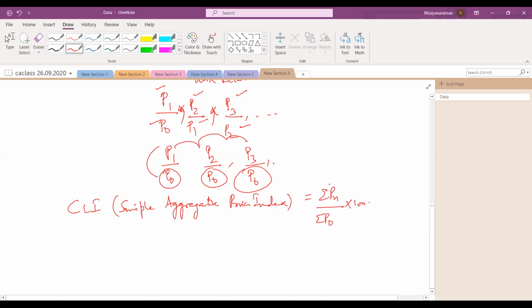I add all the prices, say for 1 kg of rice, wheat, etc., and then divide by the base year prices sum and multiply by 100. So this is the sum of all prices of the items, generally for a unit measure, meaning 1 kg, 1 quintal, like that. Similarly, this is the sum of all the prices in the base year. This is the compare year, and this is the base year.